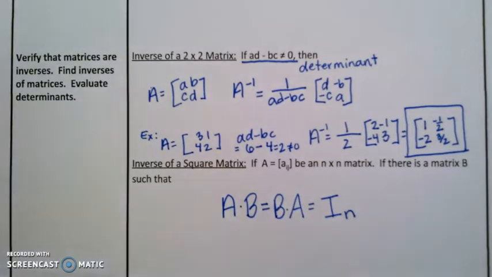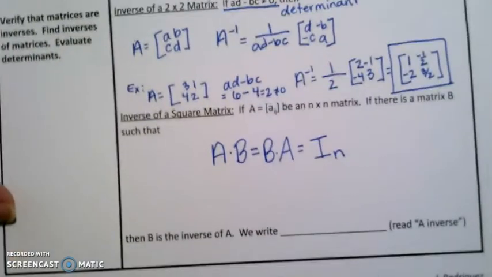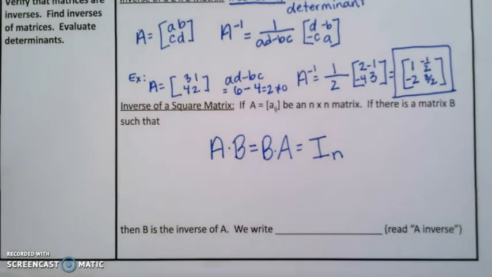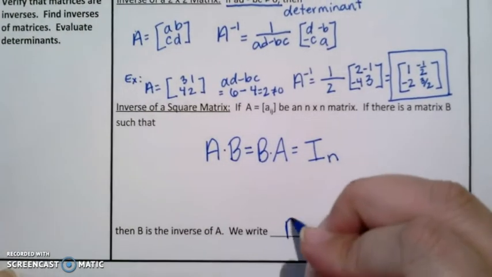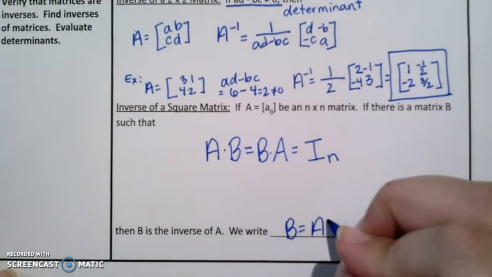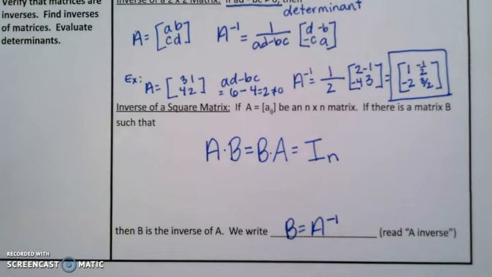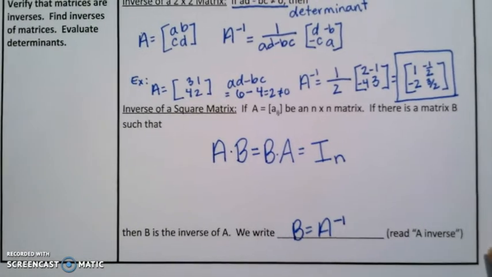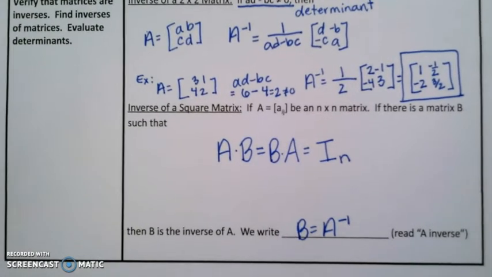Okay, and if these two matrices are inverses, then we can say that B equals A inverse. Okay, not A to the -1. It's not raising it to an exponent. We haven't talked about what that would look like, a matrix raised to an exponent. However, in this case, we're not talking about dividing 1 by a matrix. We're talking about its inverse matrix.